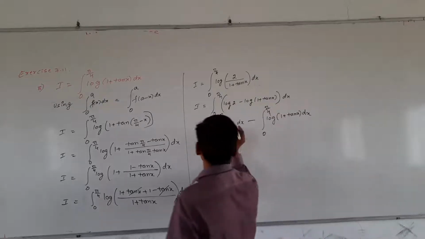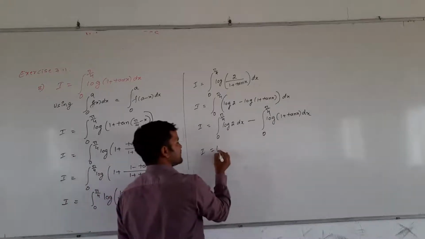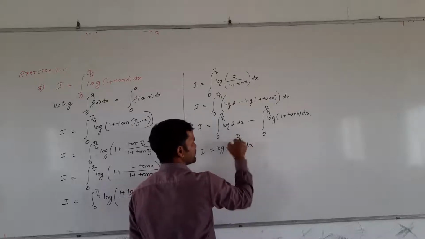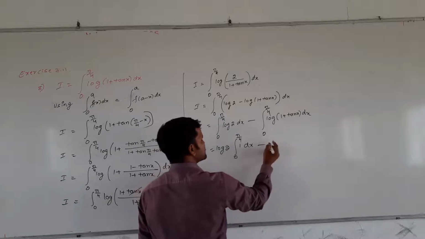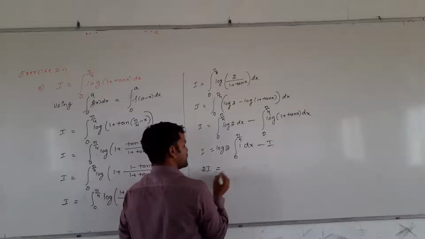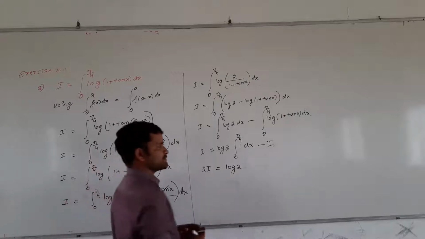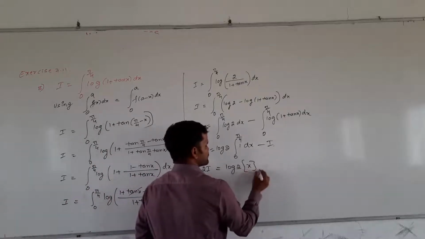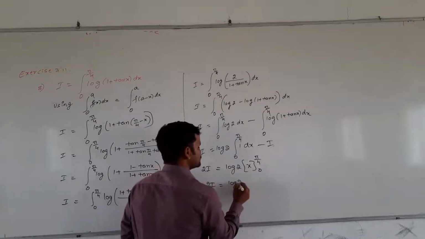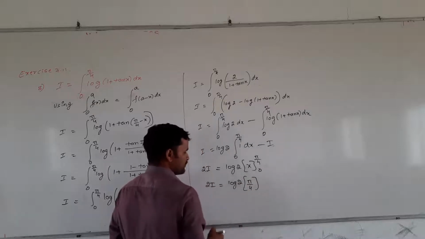So here I is equal to, and from the first integral, log 2 is a constant value, so it can be written outside the integral. Log 2 into integration of 1 with respect to x from 0 to pi by 4, minus this is I. I you take to the left hand side, I plus I becomes 2I. 2I is equal to log 2 into integration of 1 with respect to x, which is x, from 0 to pi by 4. 2I is equal to log 2 into pi by 4 minus 0, it is pi by 4 only.